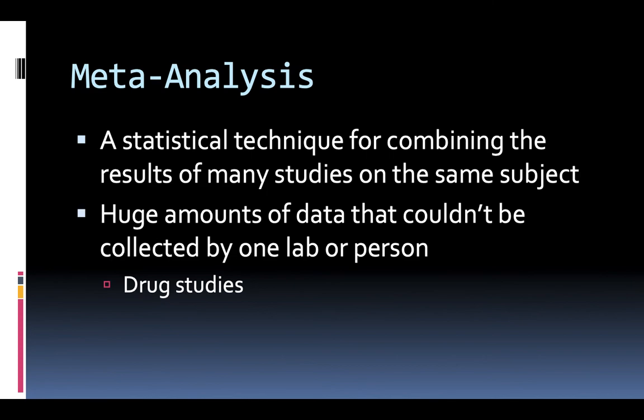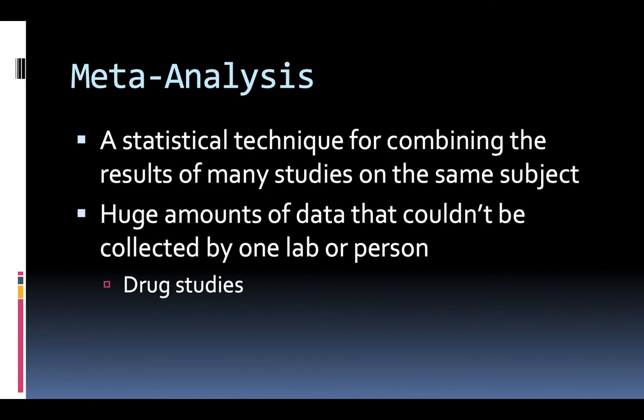This is what we do with a lot of drug studies, studies on vaccines, studies on the effect of common illnesses on people. And the thing is that when it comes to running an experiment in your own house or in your own lab, it can be very timely and costly. But if a bunch of people from all over the world are doing it, even if they're doing it in slightly different ways, we can combine these results in what's called a meta-analysis.